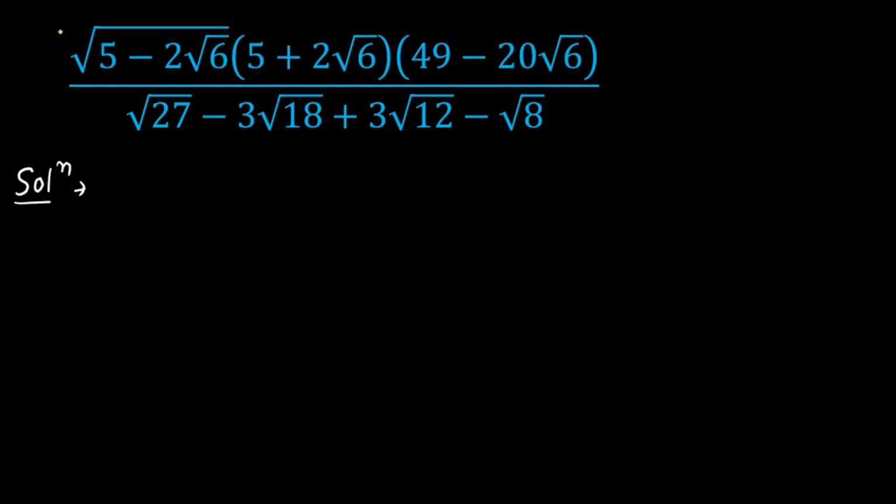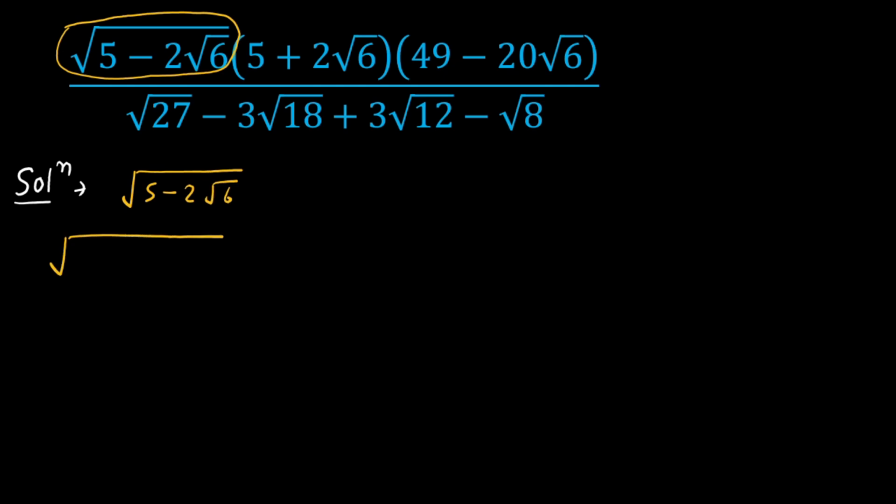Here first we will simplify this expression, that is square root of 5 minus 2 times square root of 6. Here 5 is the same as 3 plus 2, and 2 times square root of 6 is the same as 2 times square root of 3 times 2.